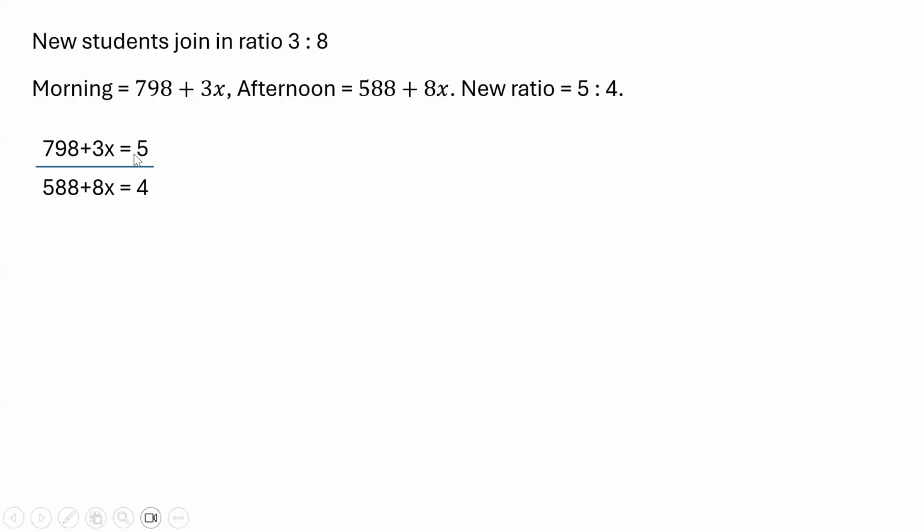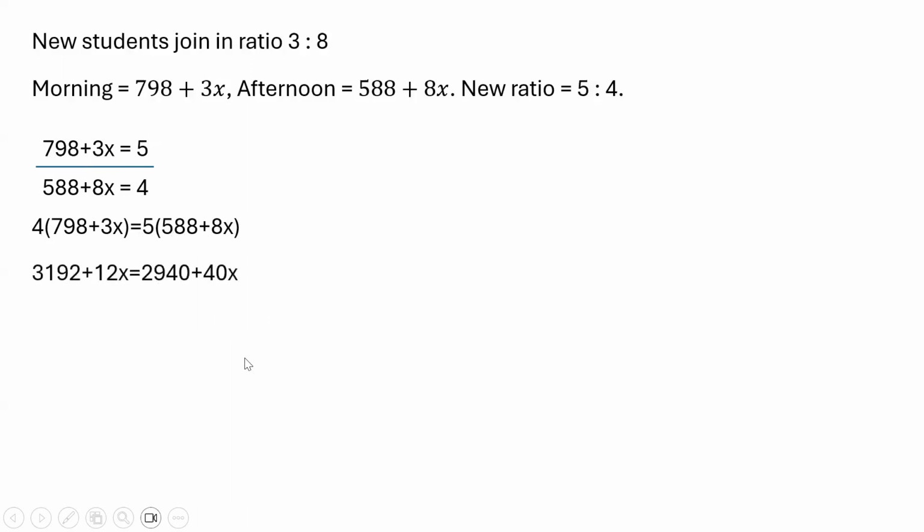So here we just cross multiply, right? So 4 will be multiplied by the numerator, 798 plus 3x. This will be in brackets and multiplied by 4. And again here it will be 5 multiplied by 588 plus 8x.